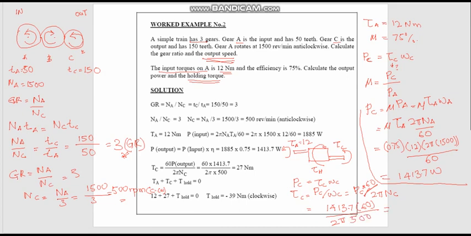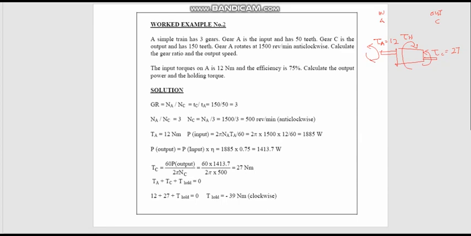And if we calculate this, then we get tau C as 27 Newton meter. So we know TC is equal to 27 Newton meter.